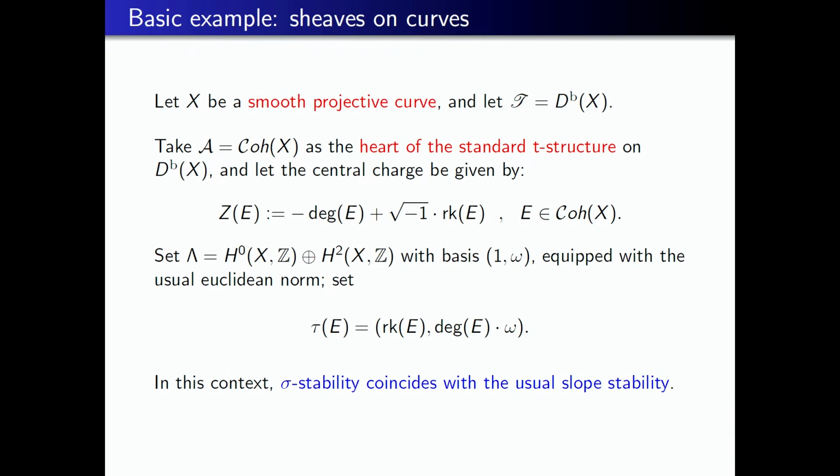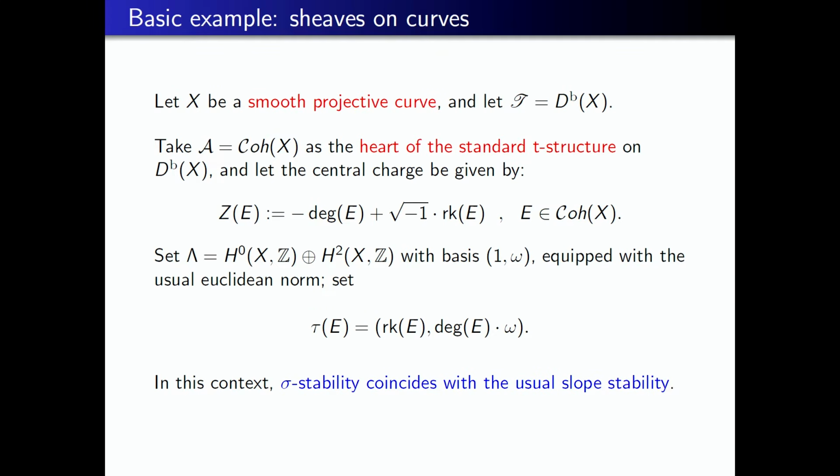Good, so the mother of all examples is usual stability for bundles on curves. In this example, the triangulated category is the derived category of coherent sheaves on a smooth projective curve X. Inside the derived category, you have one particular heart, which is just the coherent sheaves.